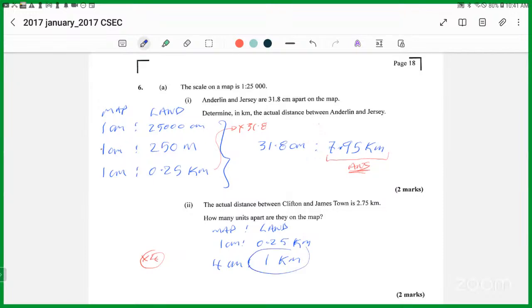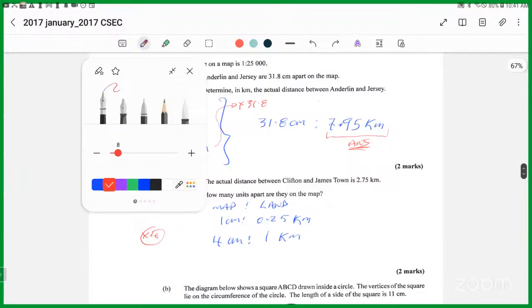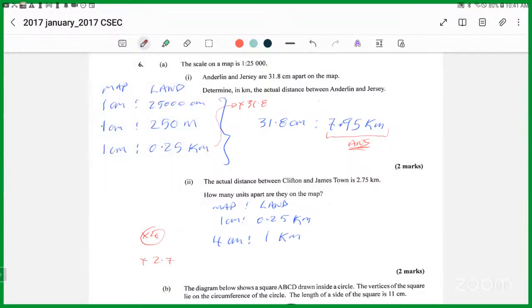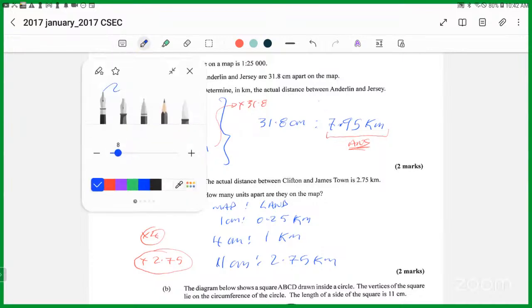And you really want to know 2.75 kilometers, so multiply this now by 2.75. This part becomes 2.75 kilometers. Multiply this by 2.75 and you know what the answer is. So it's going to be 4 times 2.75. That's 11 centimeters. And this now is your answer for the second part.